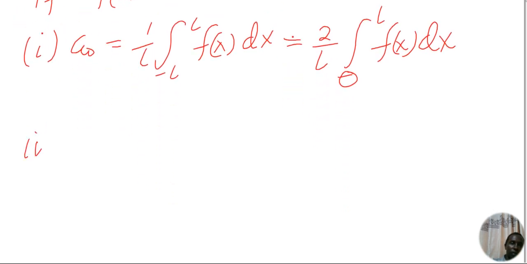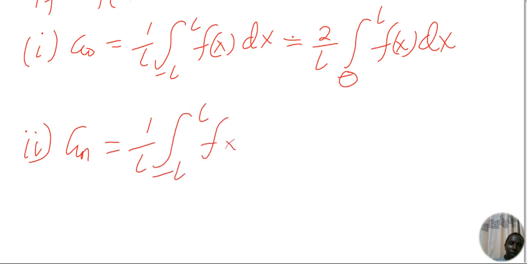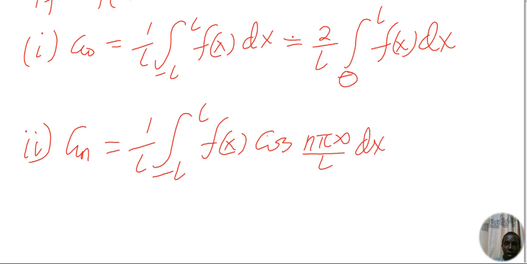2, an, which is defined as 1 over L integral from minus L to L, f of x cosine of n pi x over L dx, will give us, again, an even function multiplying an even function, giving us an even function.